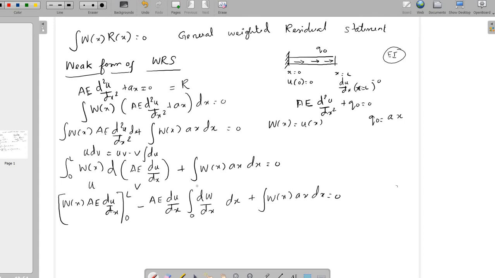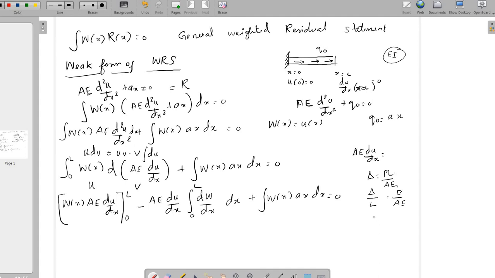I think now a small simplification. AE du by dx. What is meant by AE du by dx? Let me explain. For an axially loaded element, the deflection delta equal to PL by AE. Delta is the displacement, L is the length. So if you divide delta by L, it is P by AE.